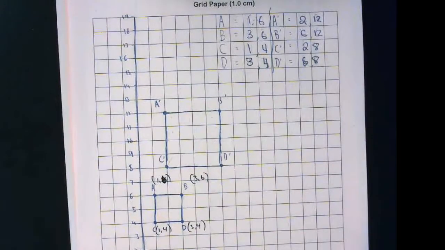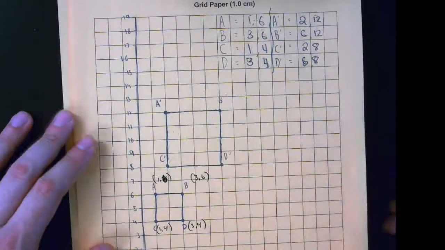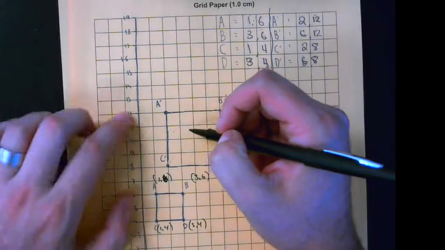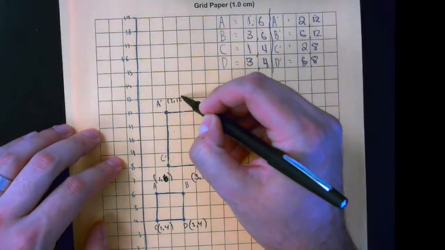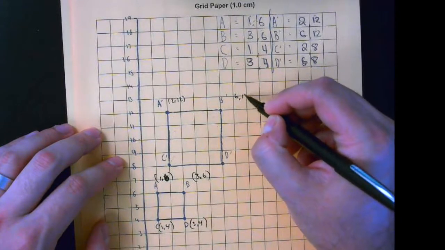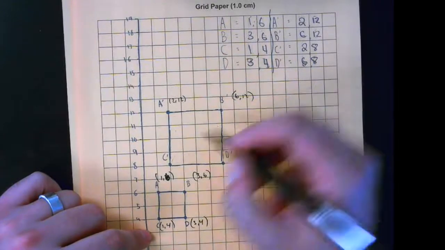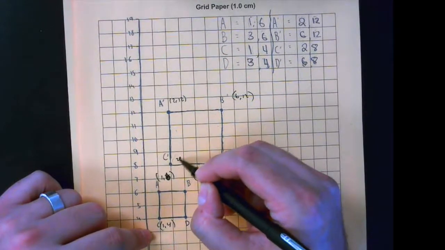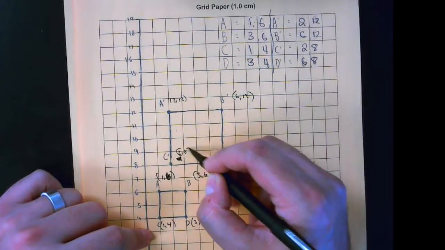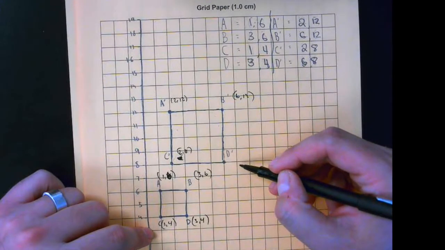So you multiplied each 1 by 2. So A should have been 2, 12, which it is, 2, 12. 6, 12? Yeah, 6, 12. D should be 2, 8. Yep. Whoops, 2, 8. And then D prime, 6, 8.